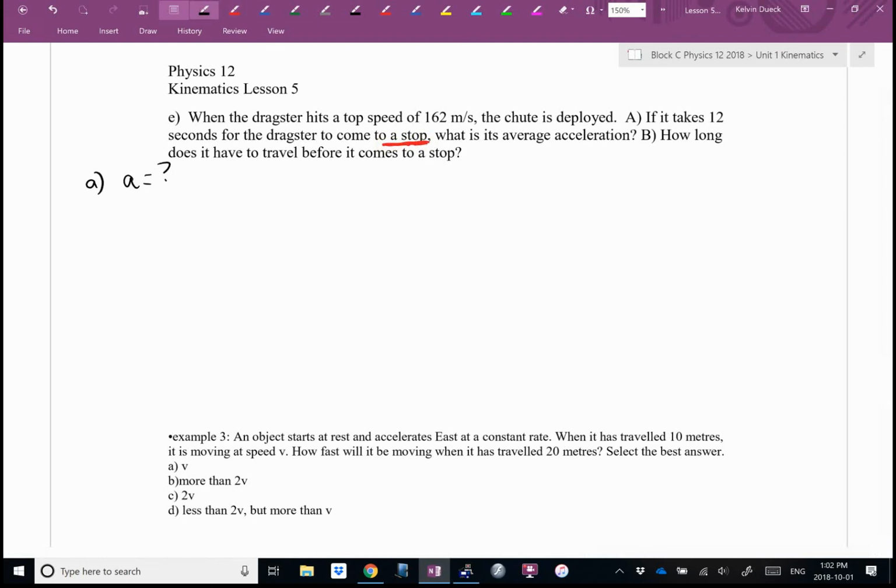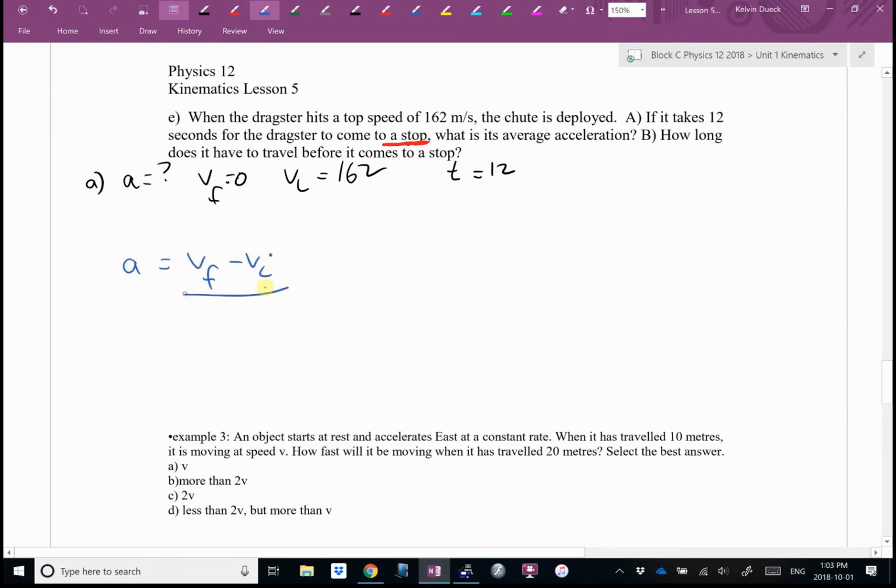Come to a stop. So VF is 0, which means VI is 162. What's that 12? Looking for an equation that has an A, a VF, a VI, and a T in it. There is one. Can you get the A by itself, please?